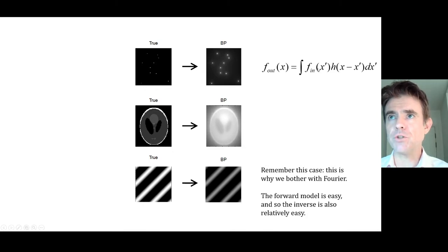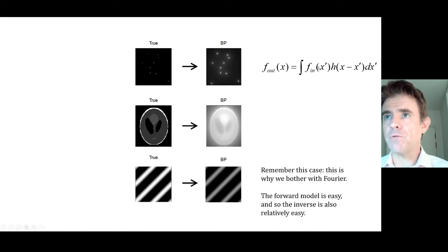Visit every position, find the intensity or the amplitude of the point source, that's f in, and then use that as a scaling or a weighting factor for h of x. H of x is the point spread function or the point response function. So we can see one of them here. Look at that point there. That gets replaced by a point spread function. So h of x would just be one of those shaped response functions.